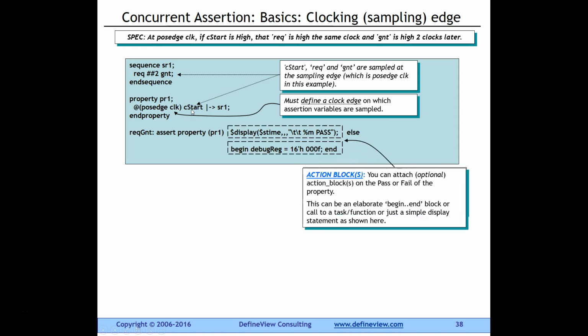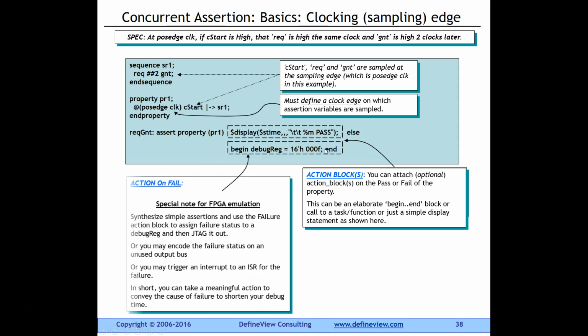And so all the three variables, cstart, request, and grant, will be evaluated at passage of clock. And you have these action blocks, as they are called. There is a pass action block if the property passes, else there's a fail action block if the property fails.